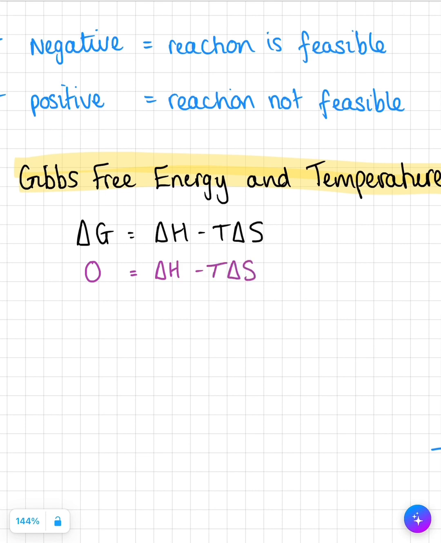Now we are trying to work out the T, the temperature at which the reaction becomes feasible. So we're going to add T delta S over, and we get delta H. So T equals delta H over delta S of the system. Once again, you've got to bear in mind those units, so be careful that the units are consistent.